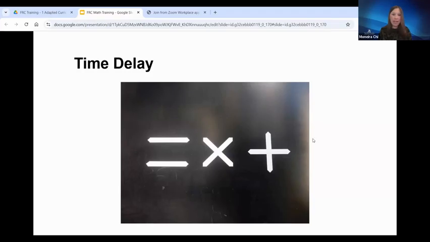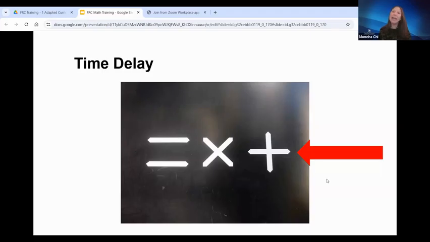For example, if I am teaching a child mathematical operations like plus, minus, equals, we would show the child each operation and give the direction, point to plus. You can see that red arrow pointing to the plus sign at the exact same time that we ask the direction.